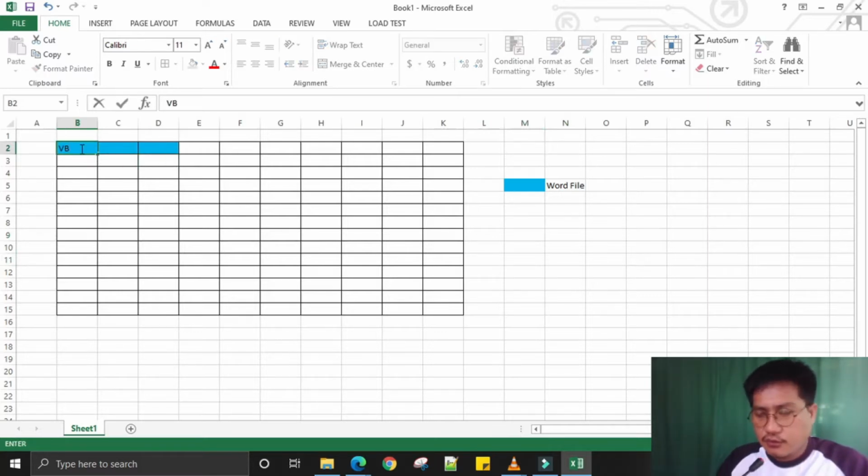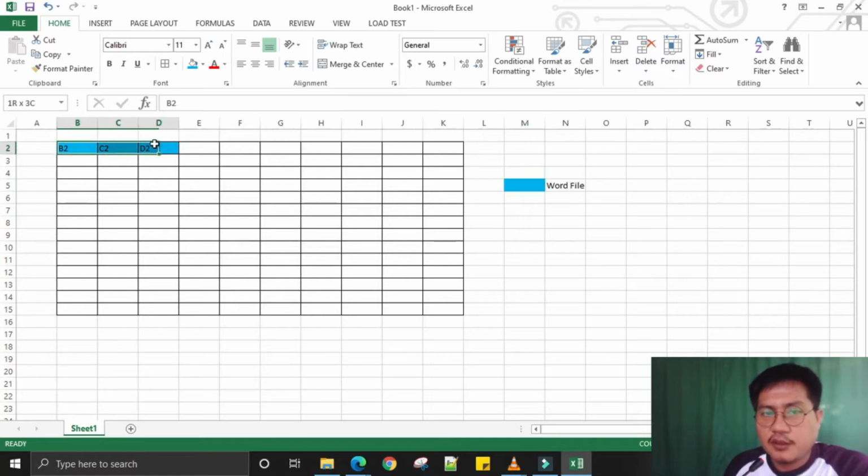We have the B2, the C2, and then the D2. So every time the user saves this Word file, it will be like this. And if the user opens this file, it will manage to open the actual Word file by determining the names of these sectors. It will look for B2, C2, and D2 so that it can provide the whole Word file to the user.